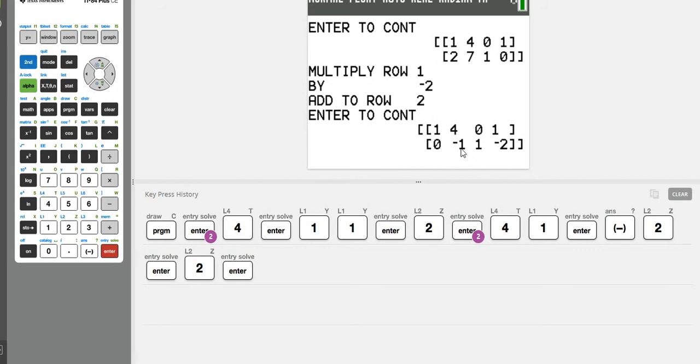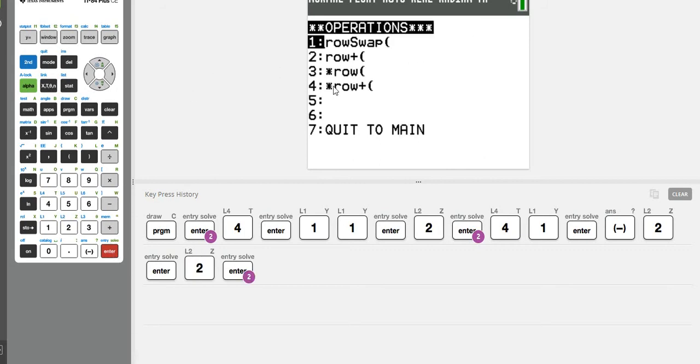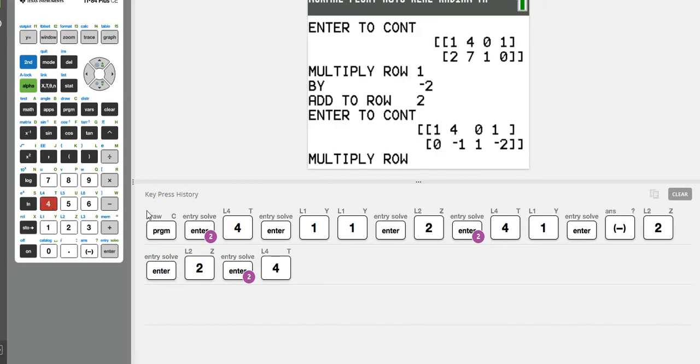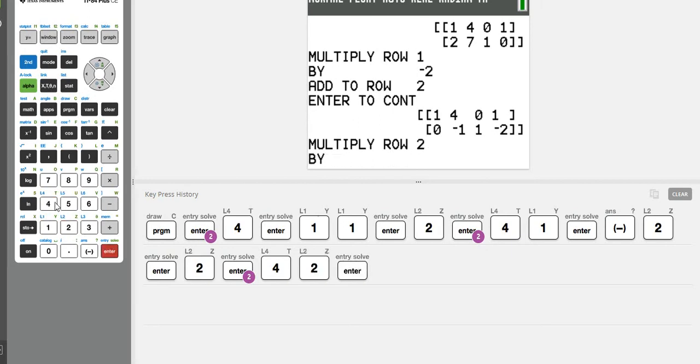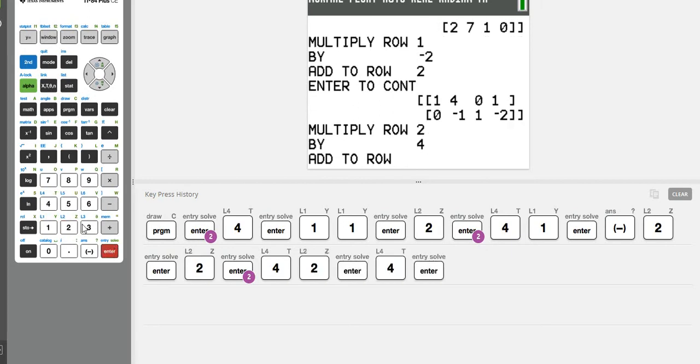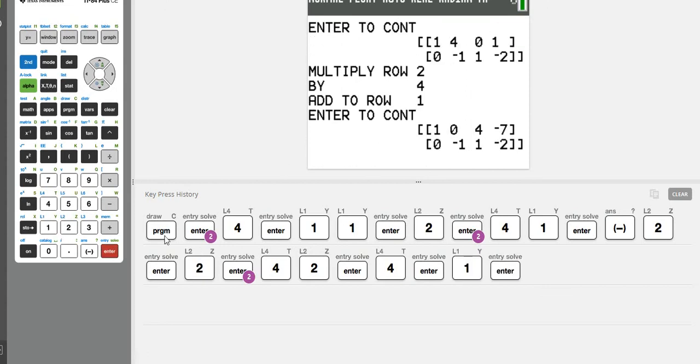Okay. Let's get rid of the 4 here next. So multiply row 2 by 4, add it to row 1. And I'm almost done.